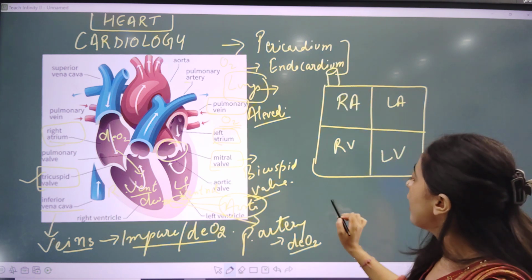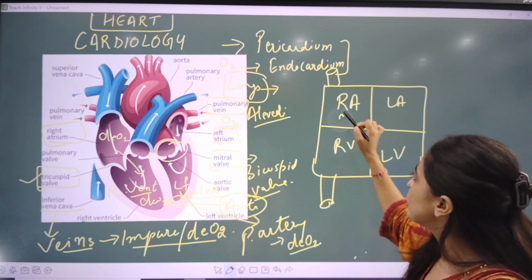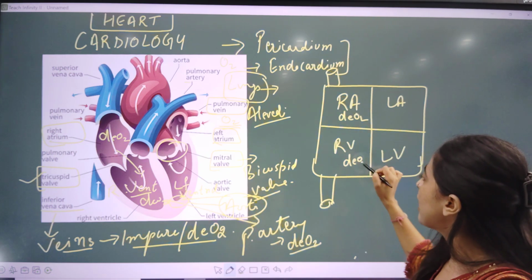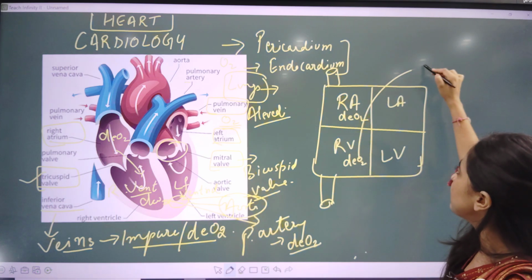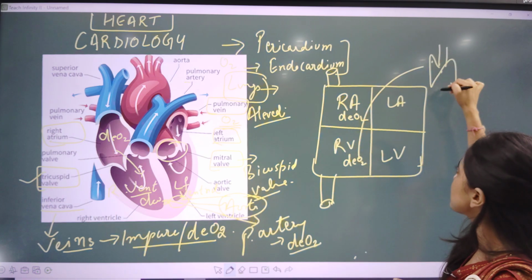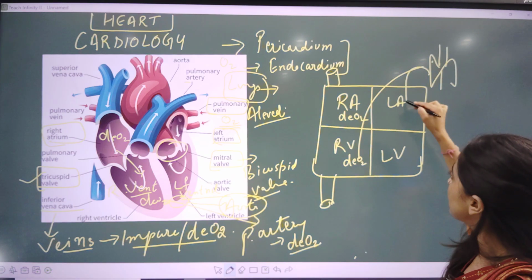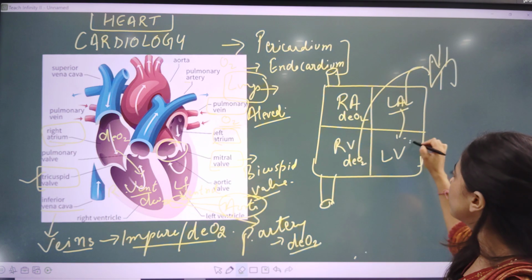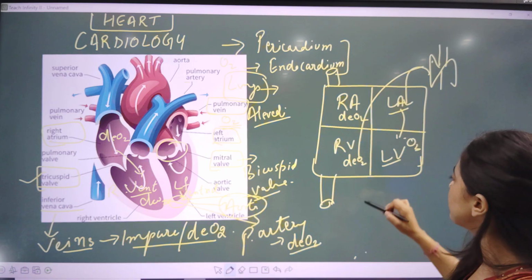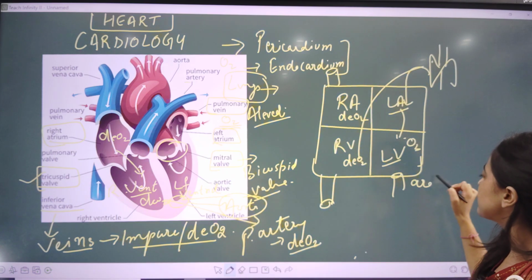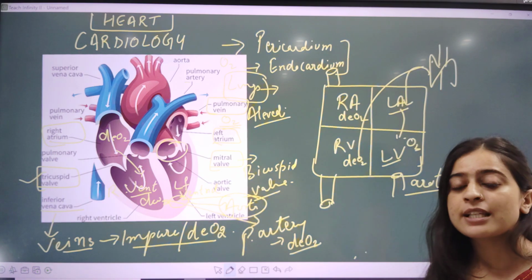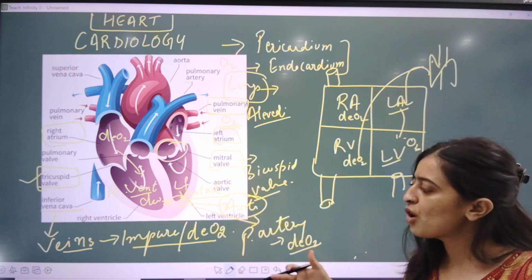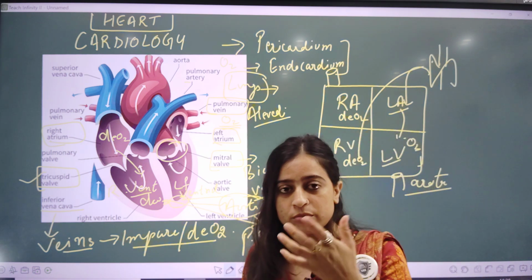The superior vena cava and inferior vena cava carry deoxygenated blood to the right atrium, from there to the right ventricle, and then to the lungs for oxygenation. The oxygenated blood comes back to the left atrium and left ventricle, and from the left ventricle the major blood vessel, the aorta, pushes the blood to the whole body. So this is all about the normal physiology, or working, of the heart. That's all.